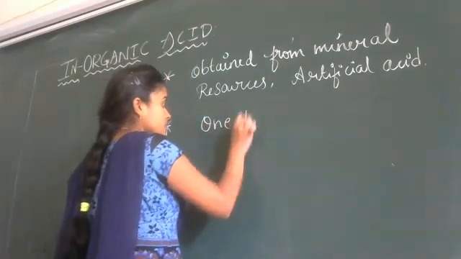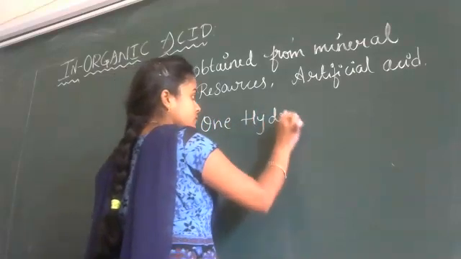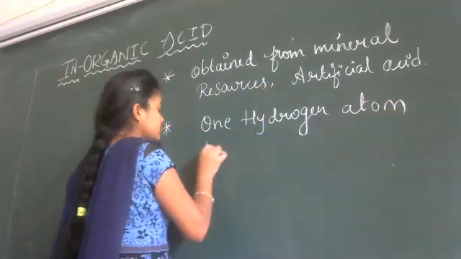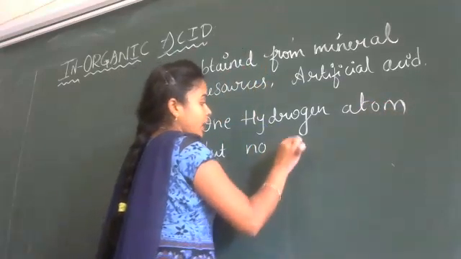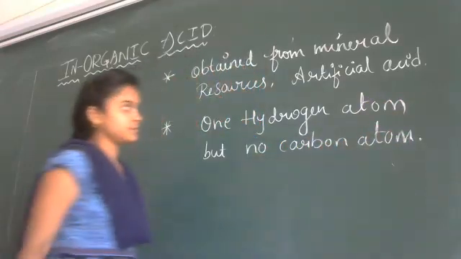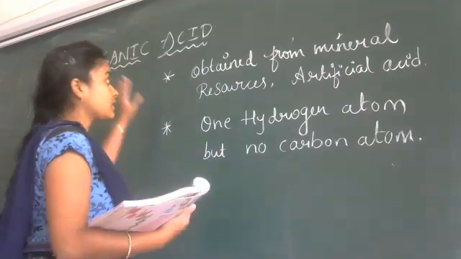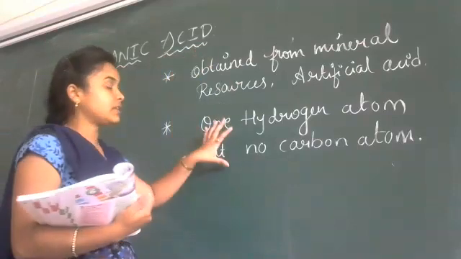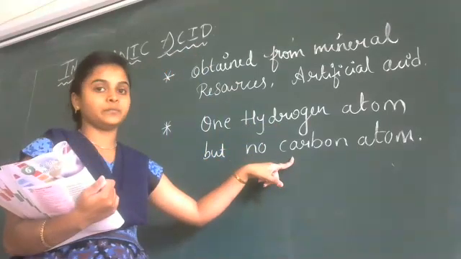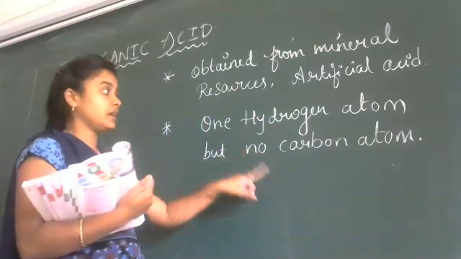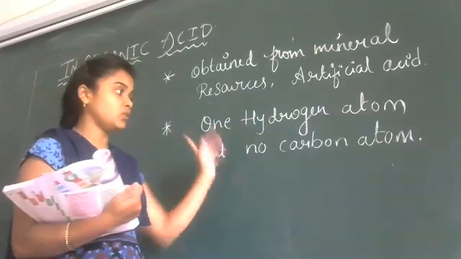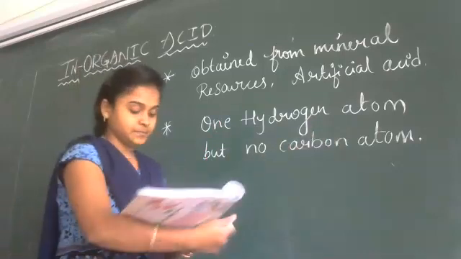It contains at least one hydrogen atom but no carbon atom. Previously we have seen that an organic acid consists of hydrogen as well as carbon atoms. But inorganic acids usually consist of at least one hydrogen atom but not carbon atom.